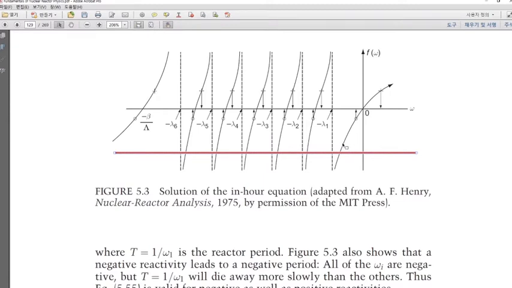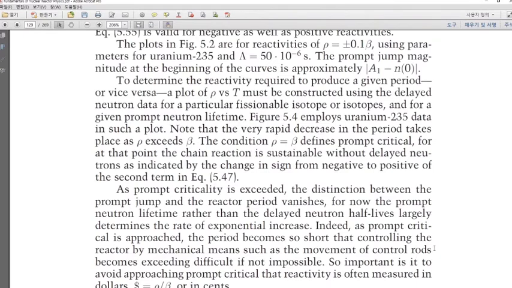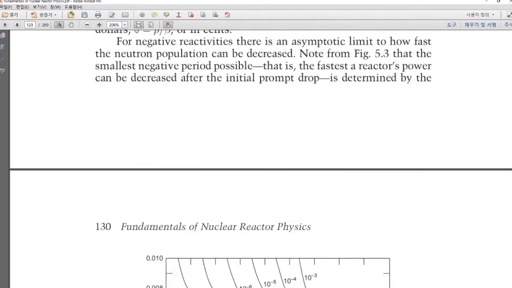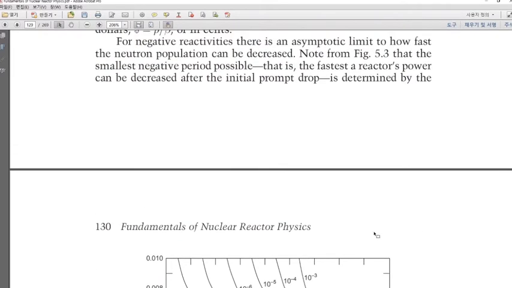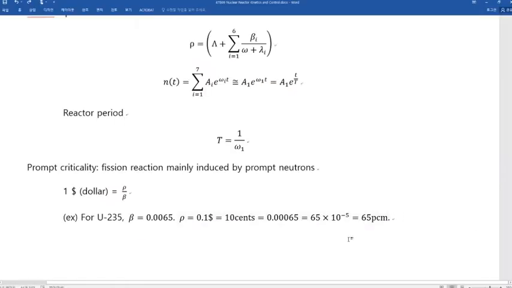In other words, there is some minimum value that omega 1 may take. That is negative lambda 1. So what does that mean? For negative reactivities, maybe we may move to our notebook.